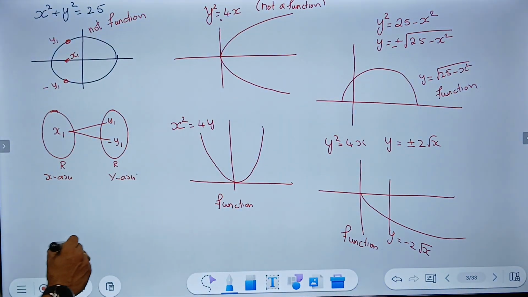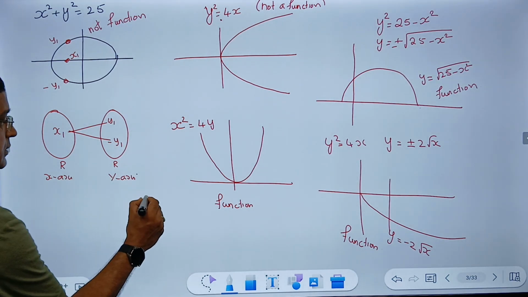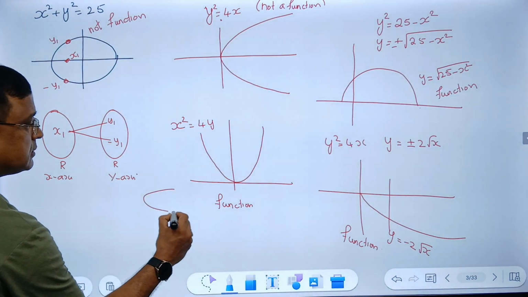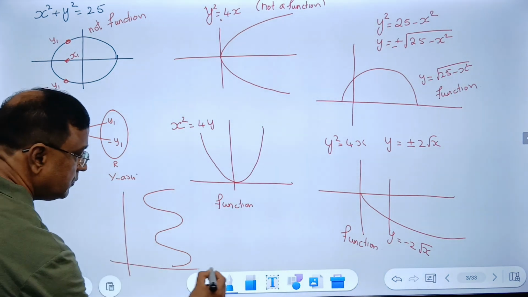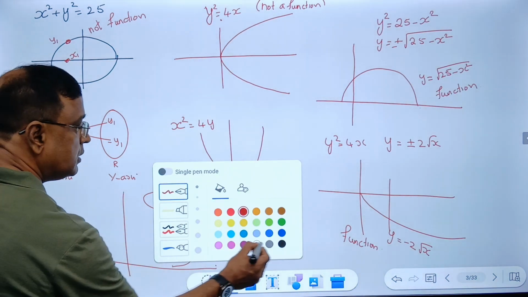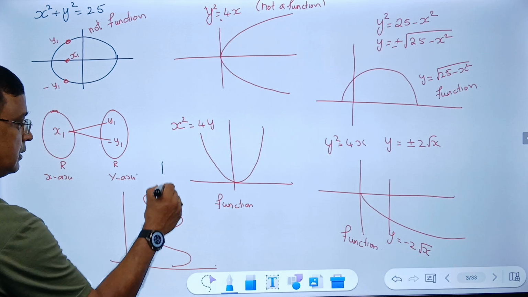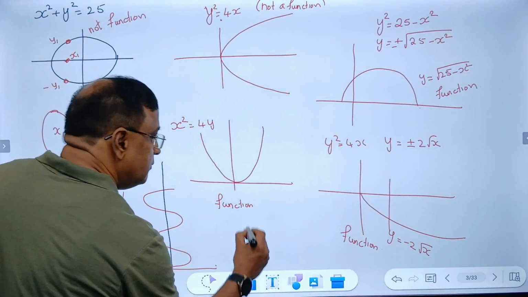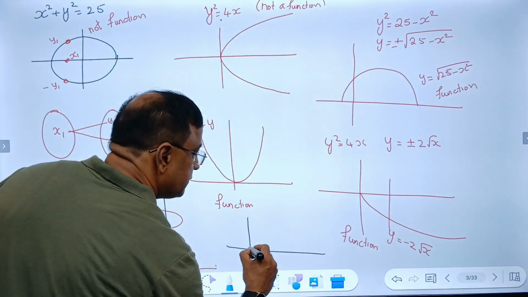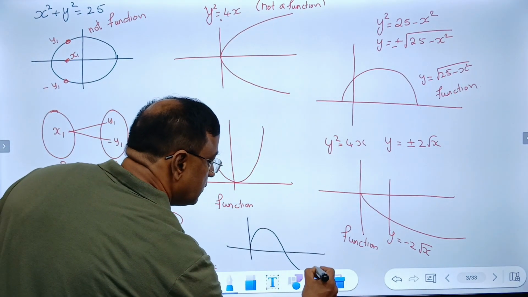I'll give one more example of a curve. For example, if I have a graph like this, is it a function? Definitely no, because if I draw a vertical line, it intersects the graph at more than one point. Let us take a sine curve, sin x.